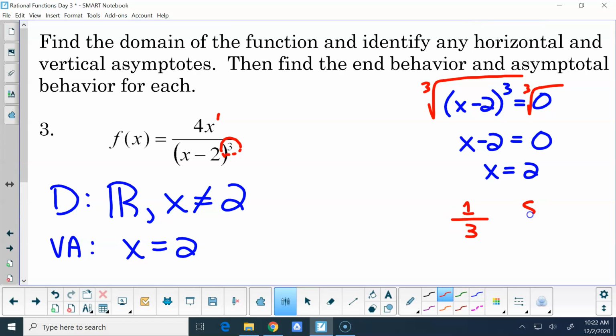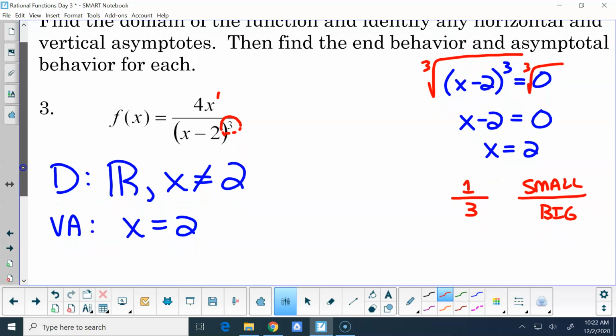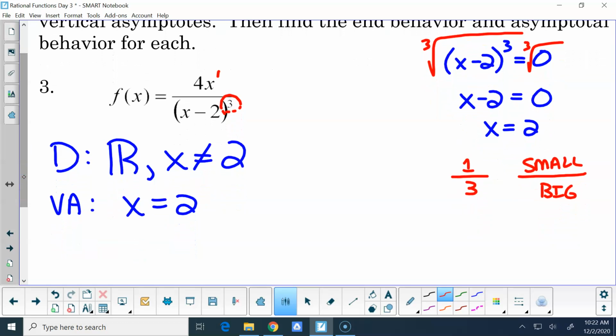So that is a small over big case, which would mean that my horizontal asymptote, according to my cheat sheet, is what? Y equals 0.